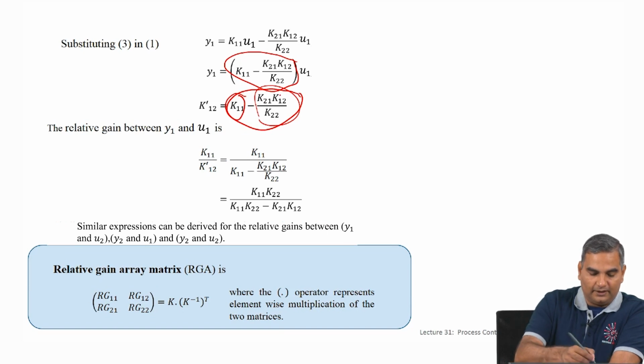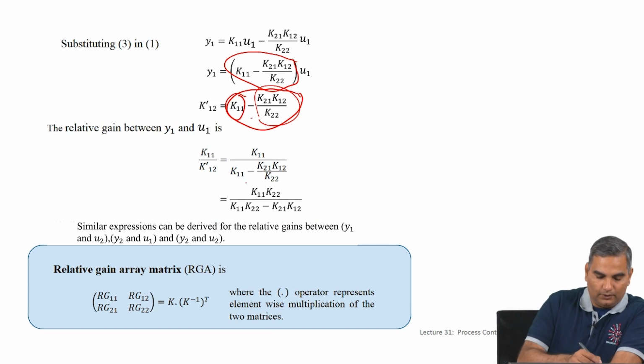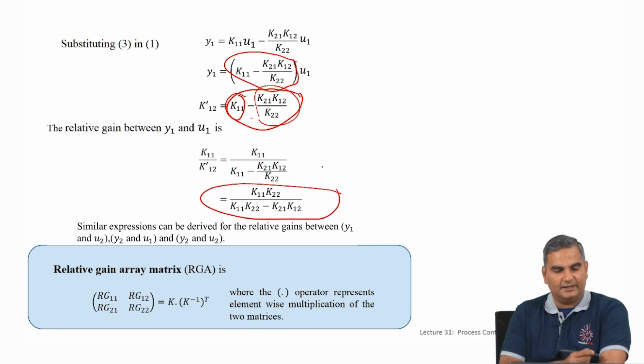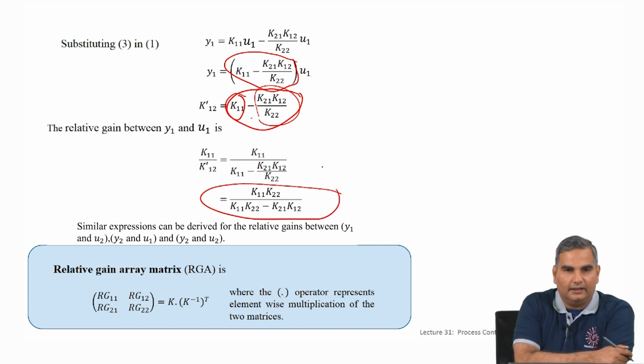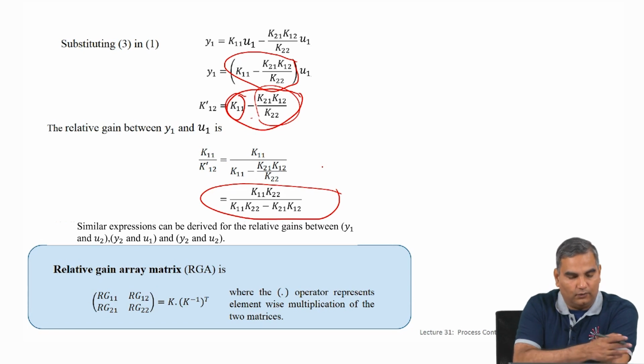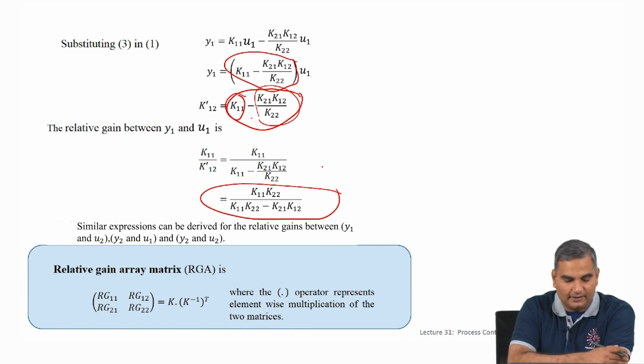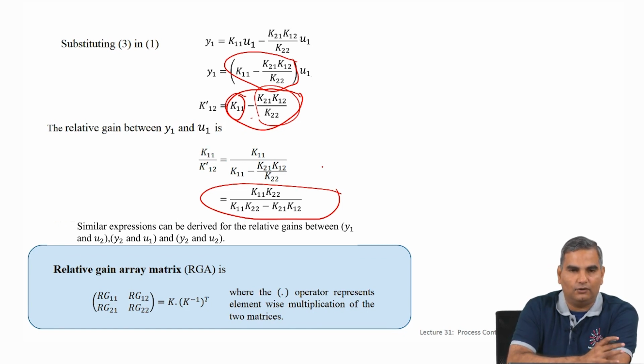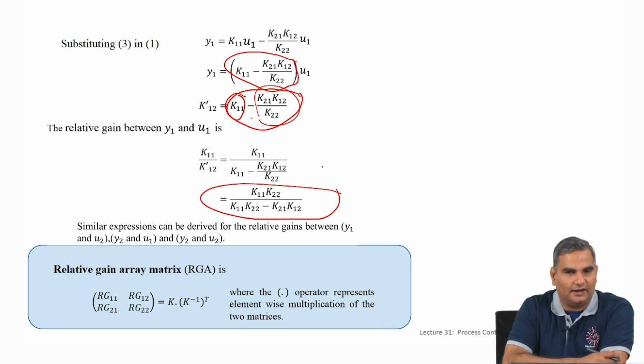So, which is basically k11 divided by this right here, and if you just multiply by k22 and take it up, you will get this expression here. These are simple algebraic manipulations that you can quite easily follow through, very simple. And again, like I said before, since you have been taking this course for so many lectures, it is time to go and consolidate all your understanding through the connections between these various concepts.